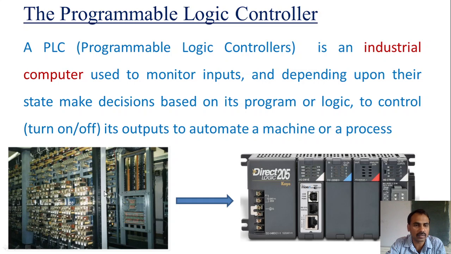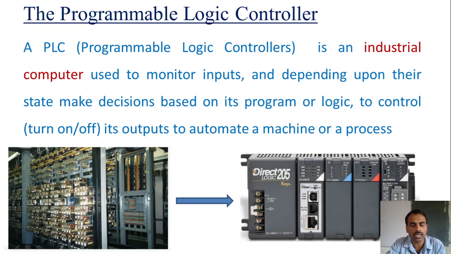PLCs were discovered in the 1960s to 1970s. Before that, if you wanted to automate a machine or a process, for example, if you had to keep a machine running for an hour and then switch it off, the effort required would need hard relay systems, which involved a lot of effort and complexity.